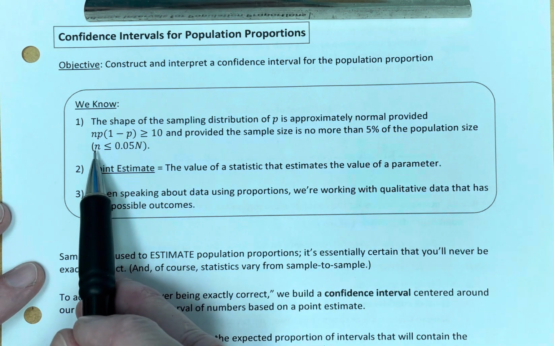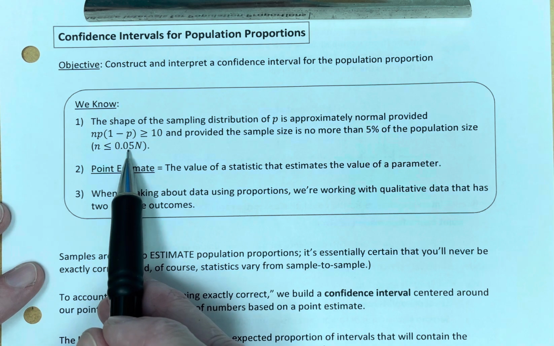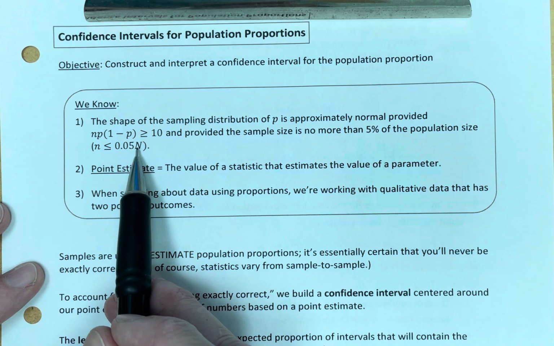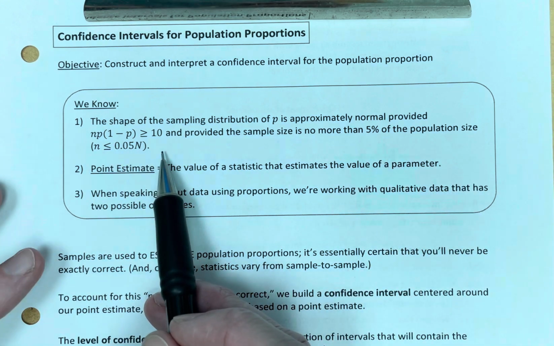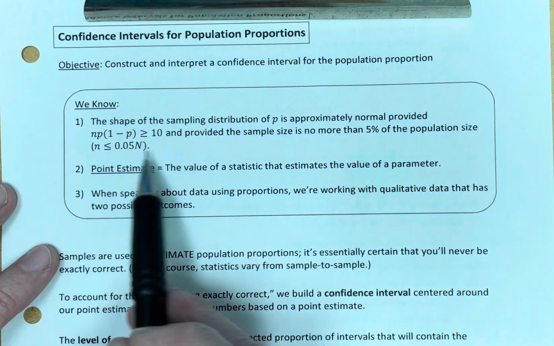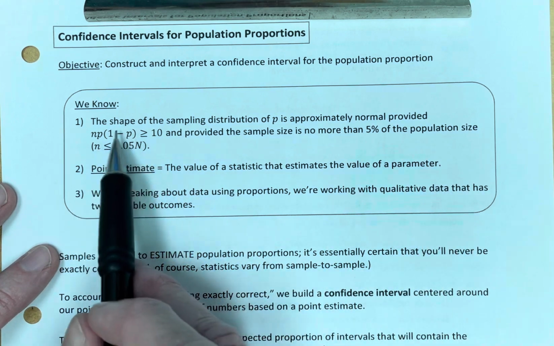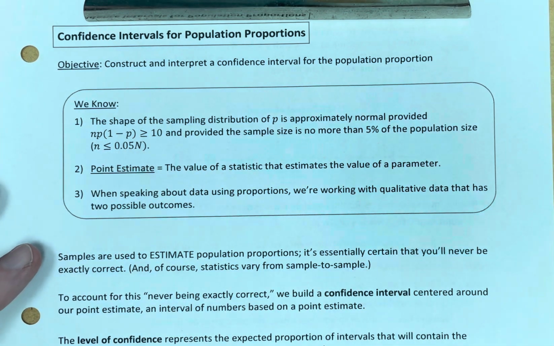Sample size is lowercase n, less than or equal to 0.05, 5%, of population size, uppercase N. This second one is pretty much always met, but we're going to include that and make sure that we're good. But it's pretty much a guarantee that this is not an issue. The first one is the one that we want to be more focused on, although we'll deal with both.